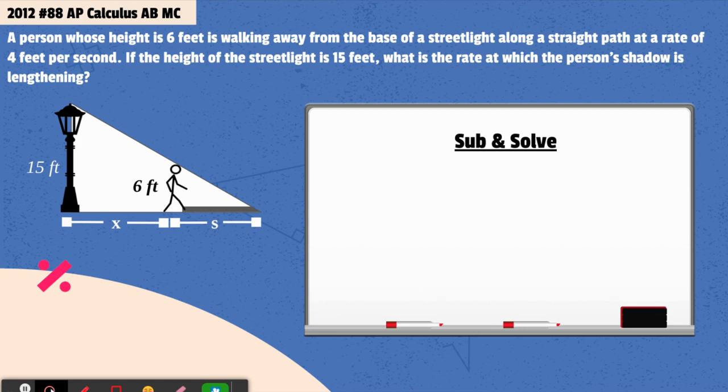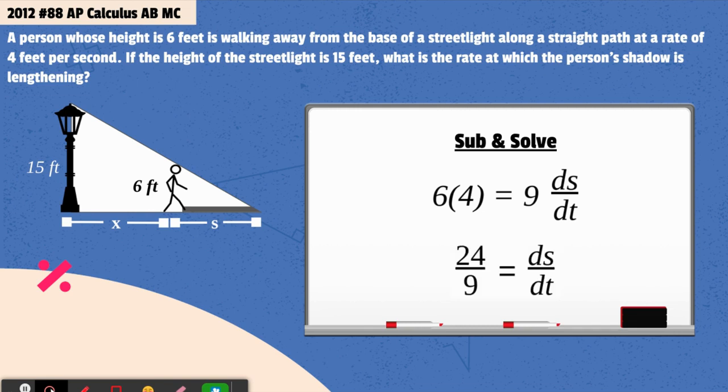So now we can substitute and solve. We take our known value, dx/dt from before. We said that was 4 feet per second, so we can plug that in next to the 6. Now we have 6 times 4 equals 9 ds/dt, and remember, ds/dt is our unknown.